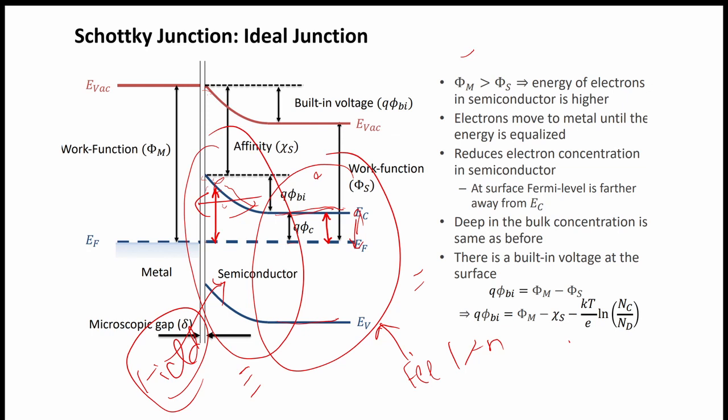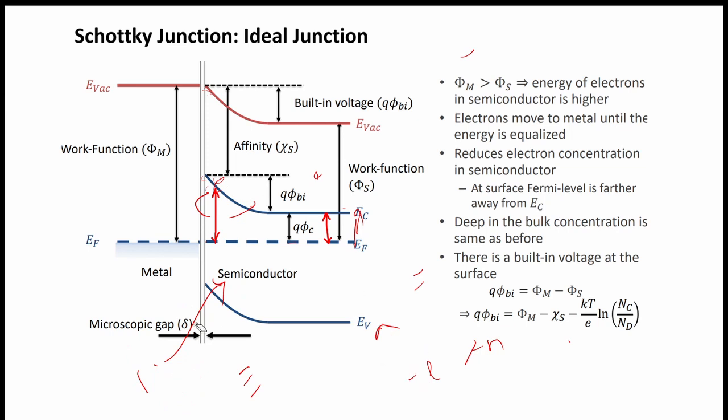One more thing that we haven't seen is the barrier, which we can introduce in the next slide also. So what is the built-in potential that we can see?